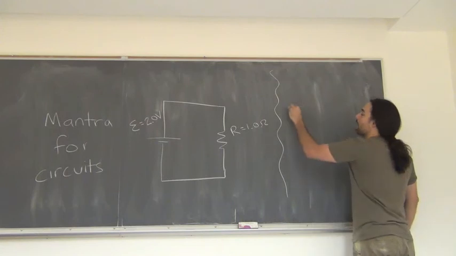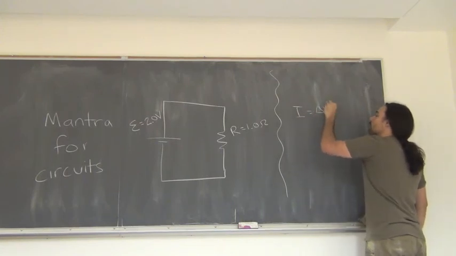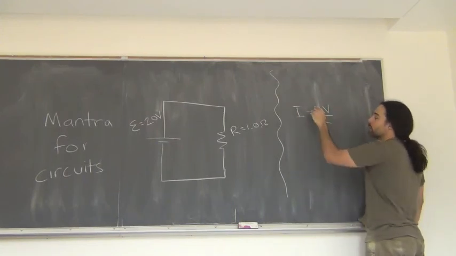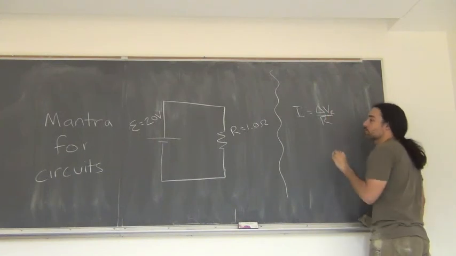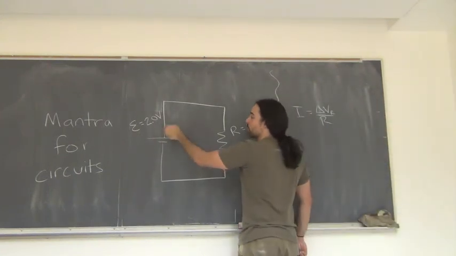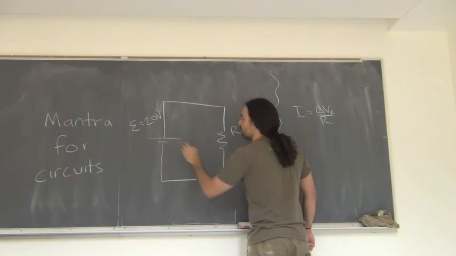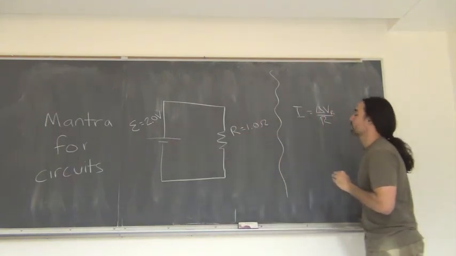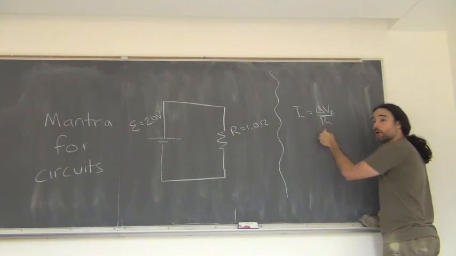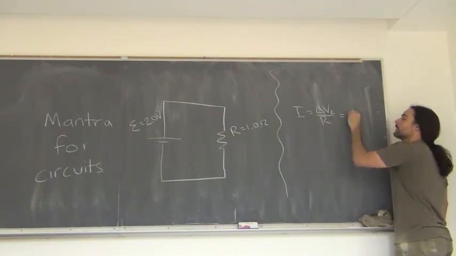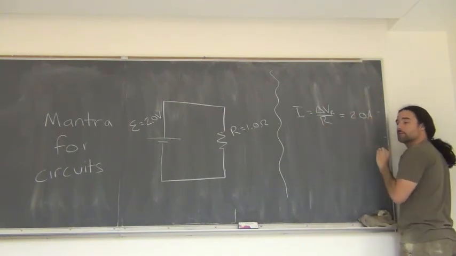So by Ohm's law, I can write that the current is delta V over R, and plugging in 2 volts for the voltage drop across the resistor, because the voltage drop is going to be the same across the resistor as it is across the battery. And if I plug in 1 ohm for the resistance, you will get 2 amperes of current.